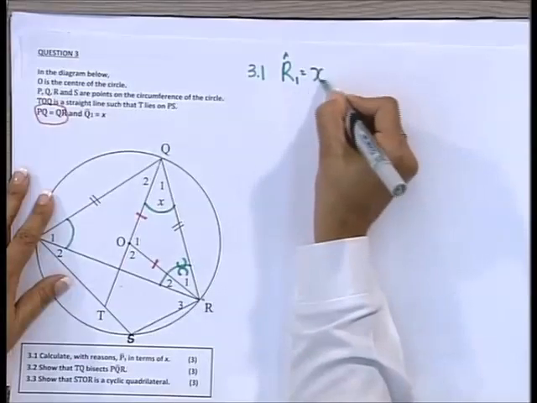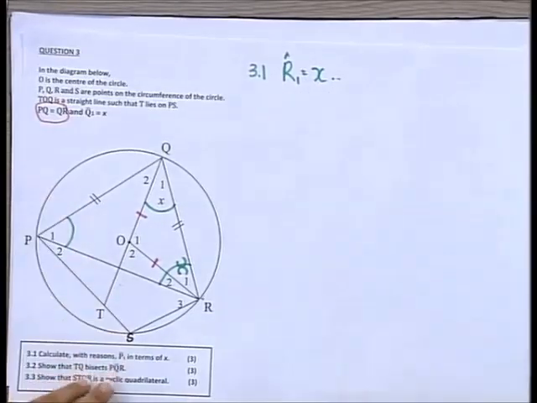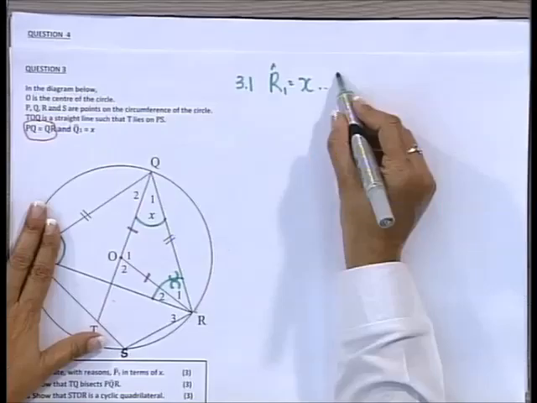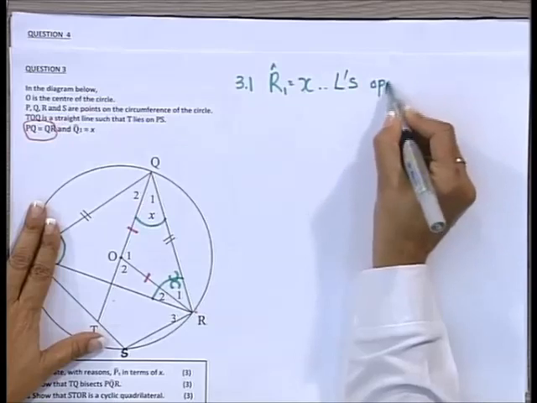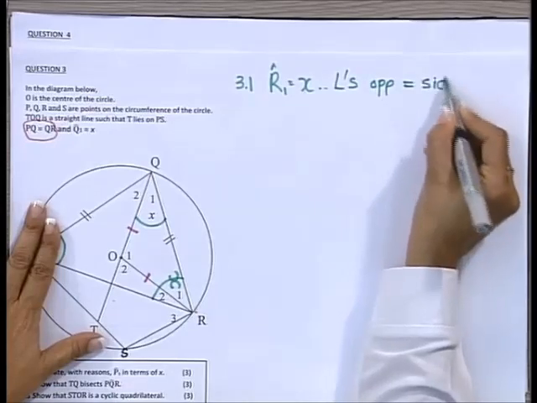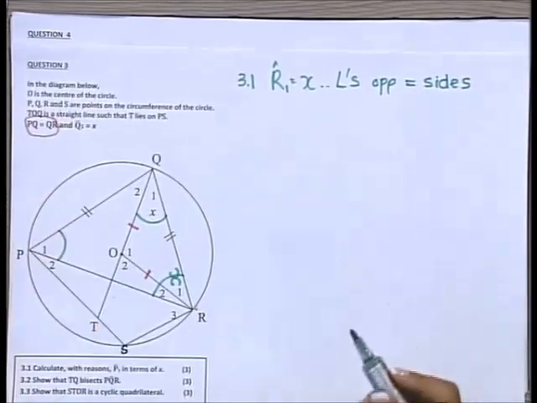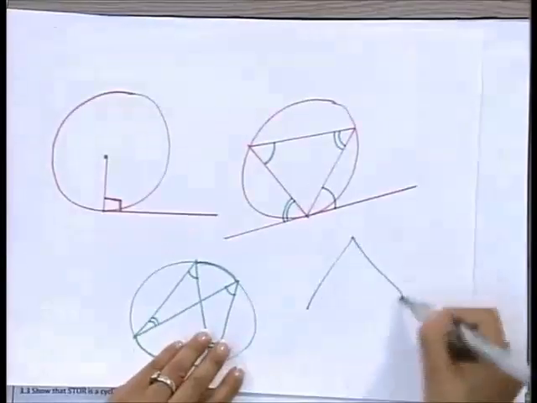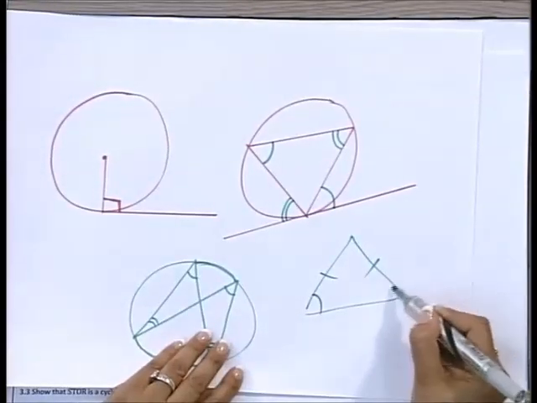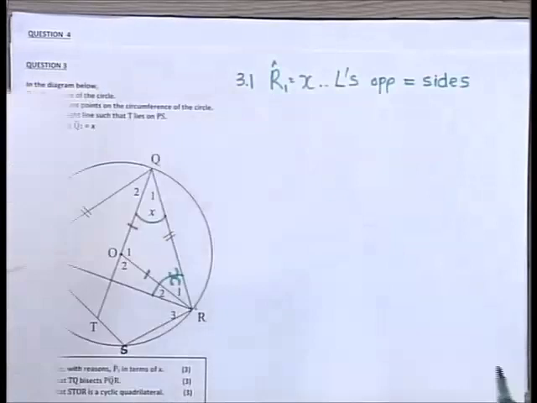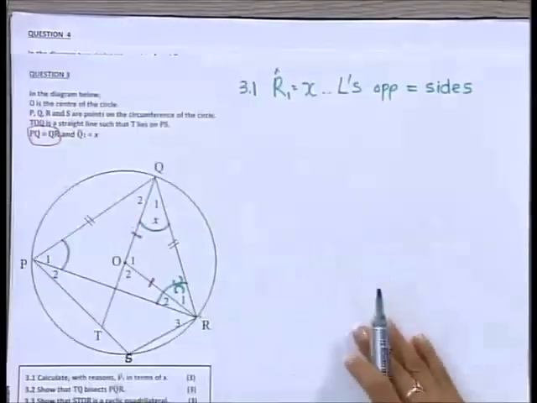Now remember, we may not say isosceles triangle as our reason. We say angles opposite equal sides. Remember, you use the concept of isosceles triangles. That tells you if this is equal to that, the angles opposite them are also equal. So R1 is equal to x.